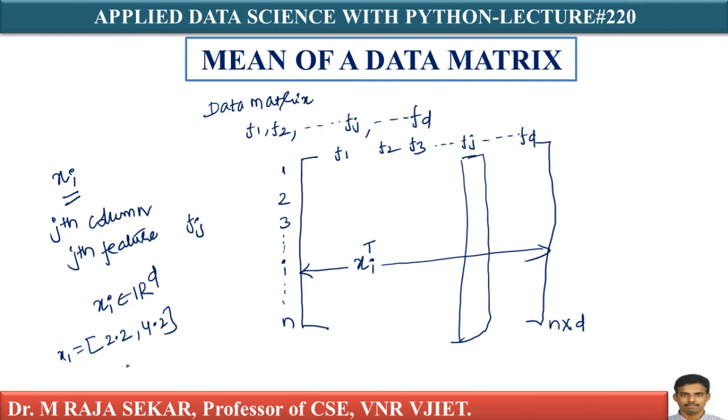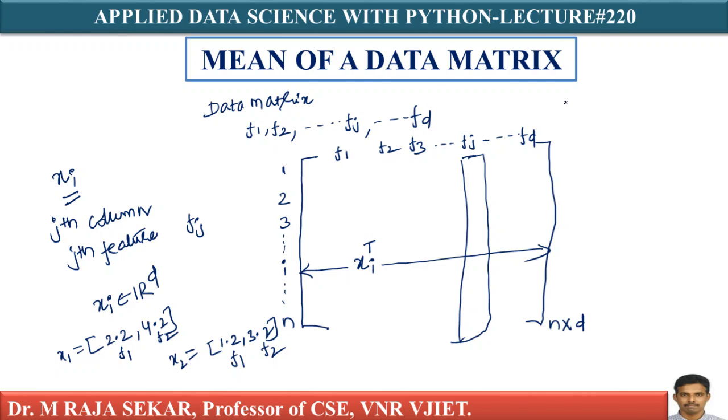This is my first vector, and my x2 is equal to, let me assume, 1.2 comma 3.2. In x1, this 2.2 is feature 1, this 4.2 is feature 2, whereas in x2 this 1.2 is feature 1 and 3.2 is feature 2.